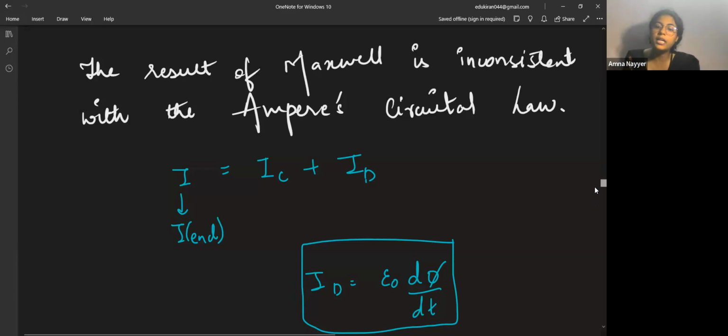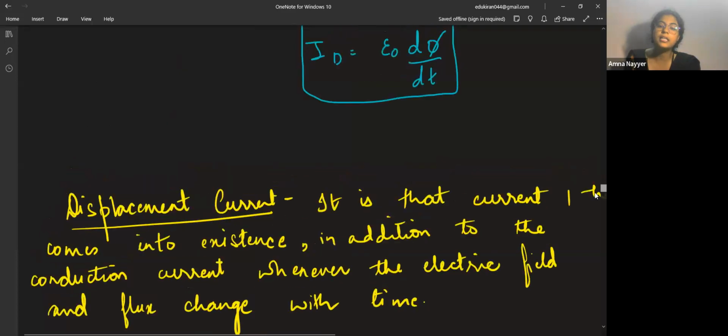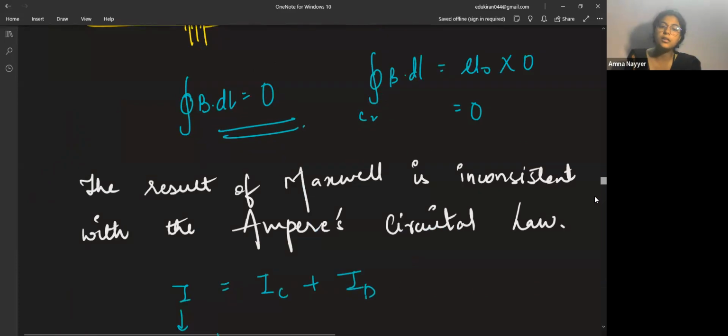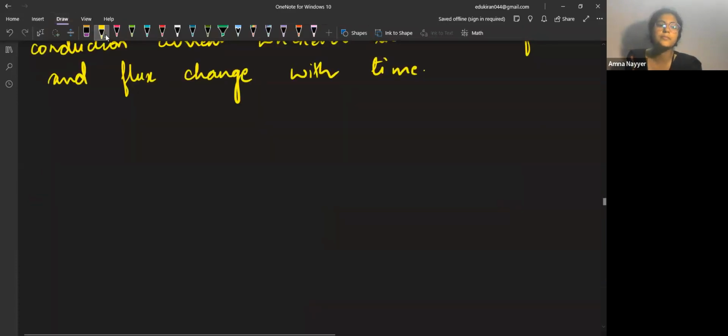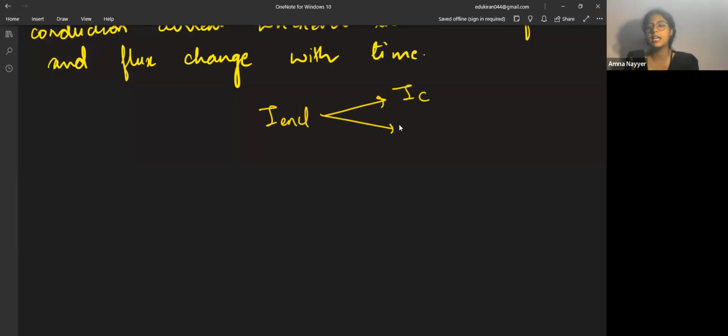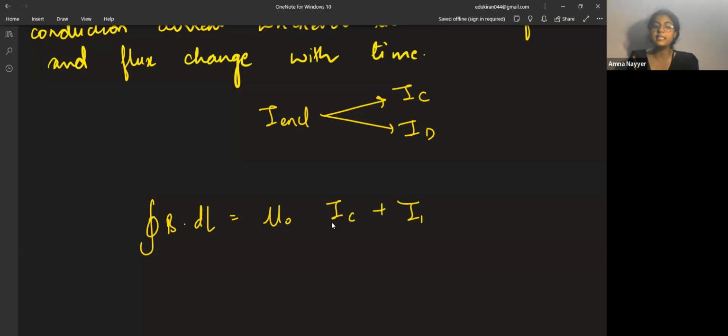So when you put it in the actual Ampere's circuital law, this becomes I enclosed. You have two currents now, conduction current and displacement current. Conduction current you already know. Displacement current is something that has to be added up. So the integral of B dot dl is equal to mu naught times I_C plus I_D this time.